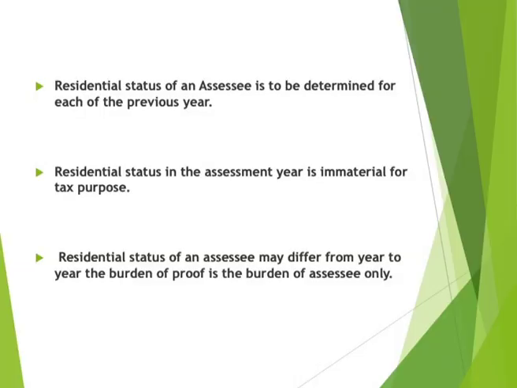Next, residential status in the assessment year is immaterial for tax purposes. A taxpayer is called an assessee. An assessee is the person who pays tax to the income tax department. So, whenever you are determining the residential status, we will not take the assessment year residential status into consideration.